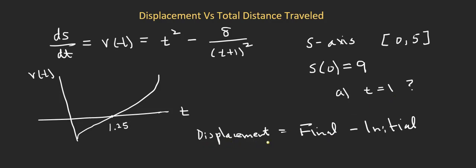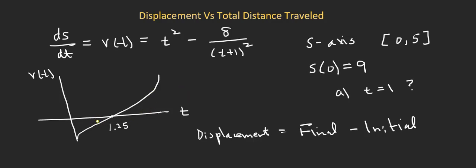So how do we find the displacement? Well, remember, the particle will be moving left from 0 to approximately 1.25, and then it's going to move to the right from 1.25 to 5 seconds.